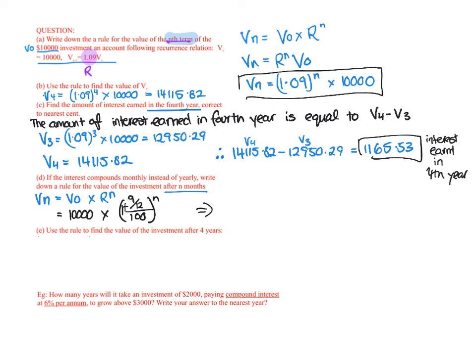So if we tidy that up, Vn will equal R, which when you divide 9 by 12, you get 0.75, so 1.0075 to the power of n, times 10,000.